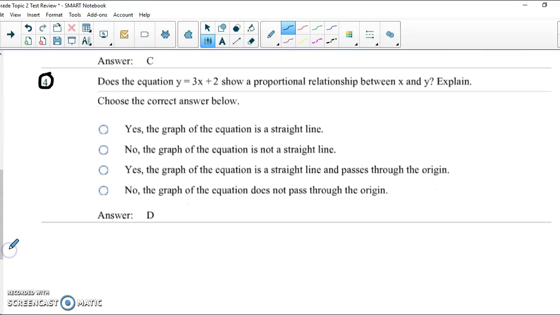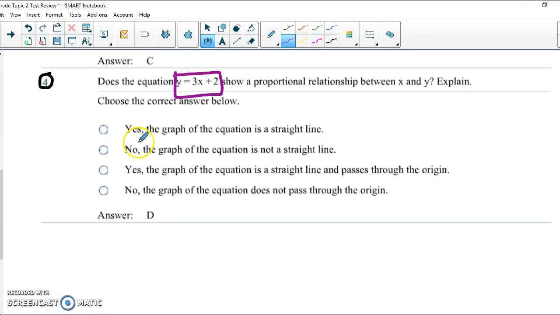number 4. Does the equation y equals 3x plus 2 show a proportional relationship? For this one, all we're starting with is our equation, and it's a little harder to tell if it shows a proportional relationship. We could examine an XY table and figure this out, but let's check out our answer choices.